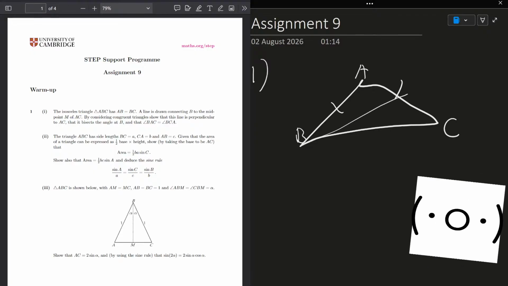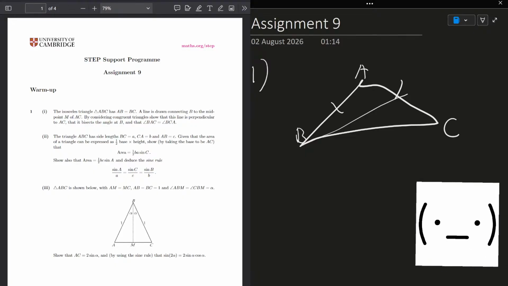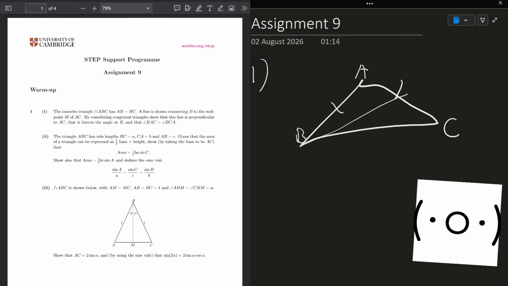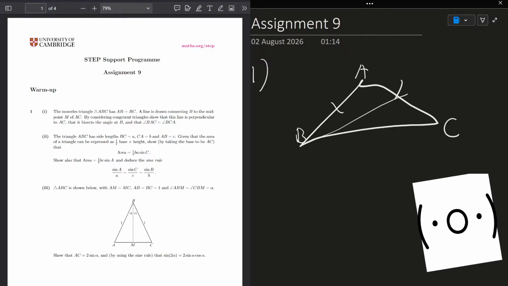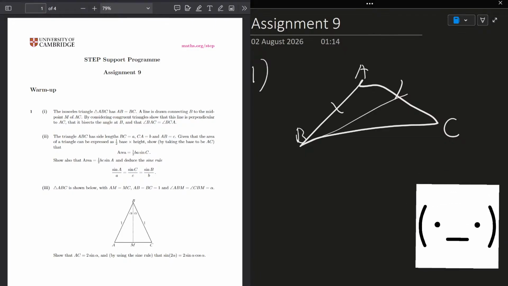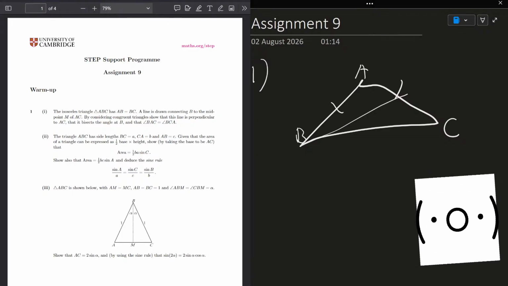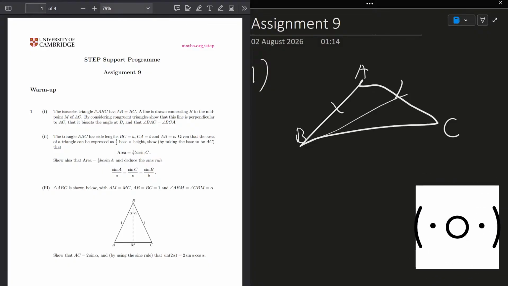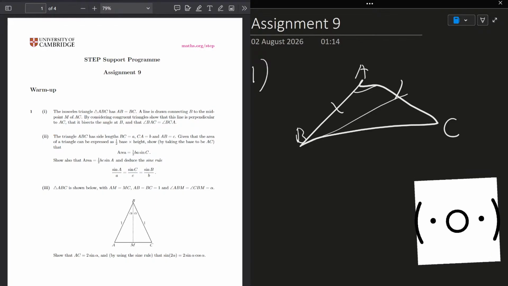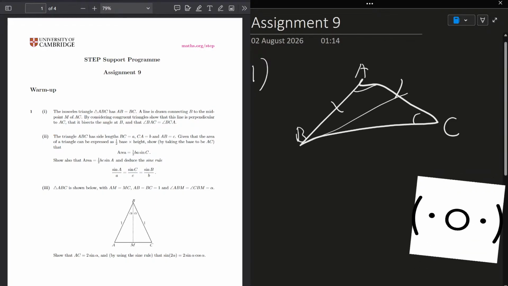I'm considering congruent triangles, in reference to Despicable Me. Show that this line is perpendicular to AC, and that it bisects the angle at B, and that BAC, being this angle, is equal to BCA, which is this angle.